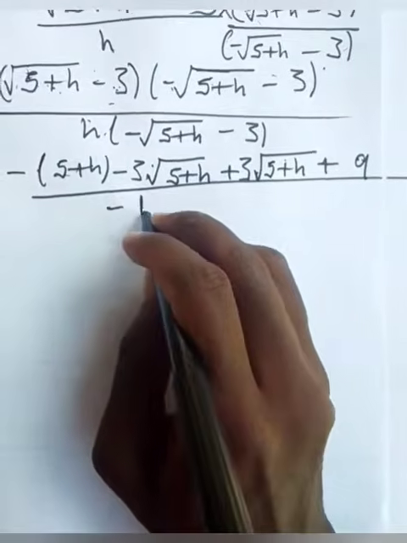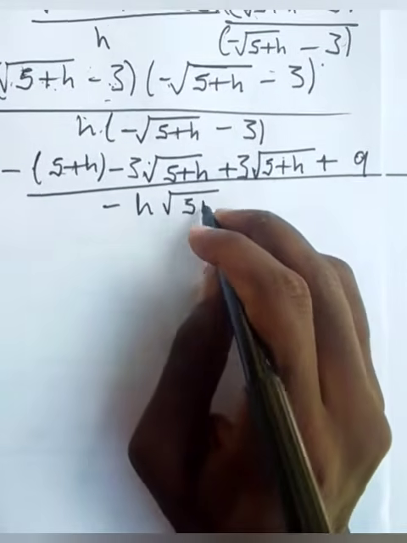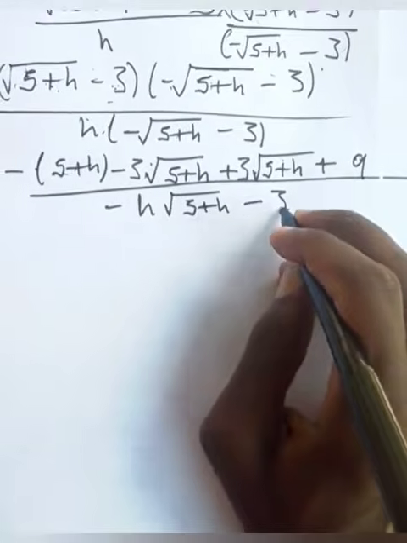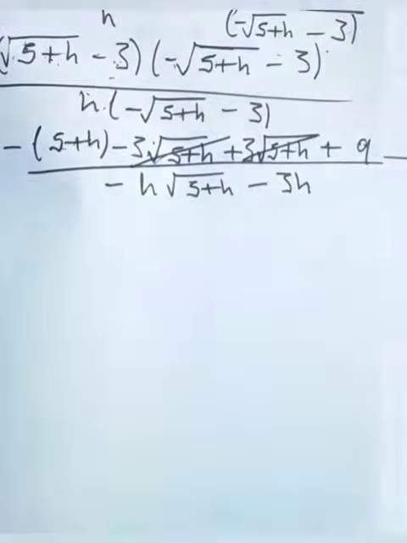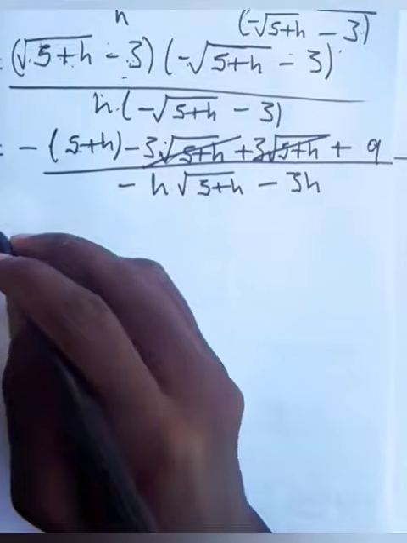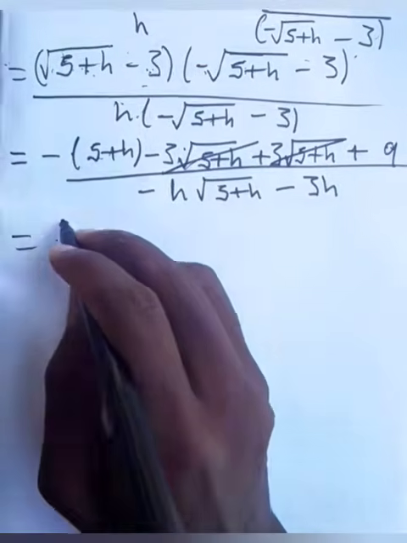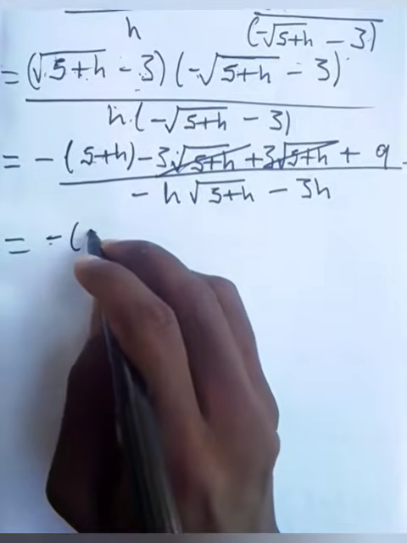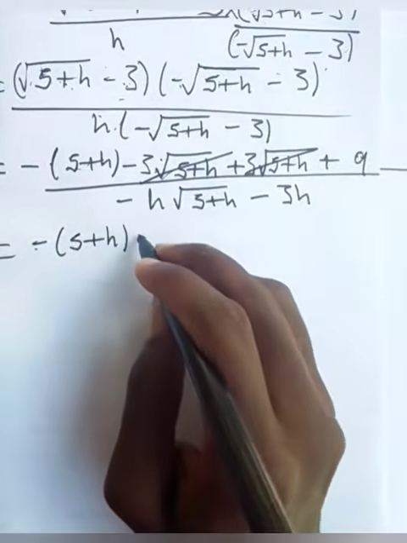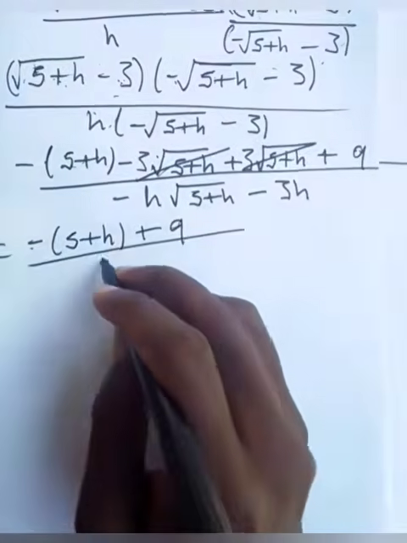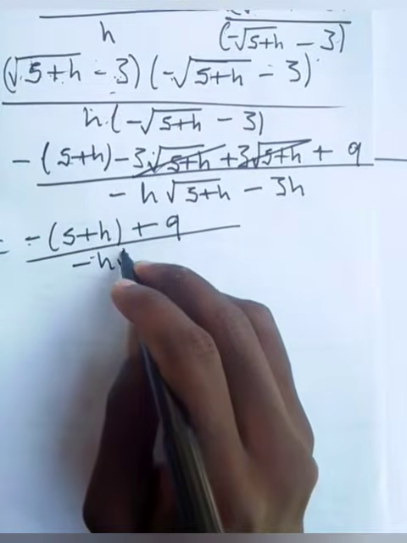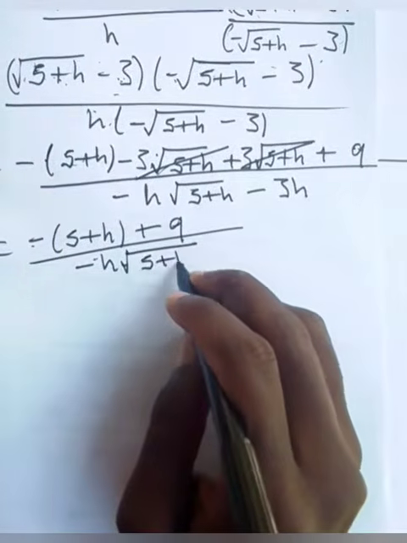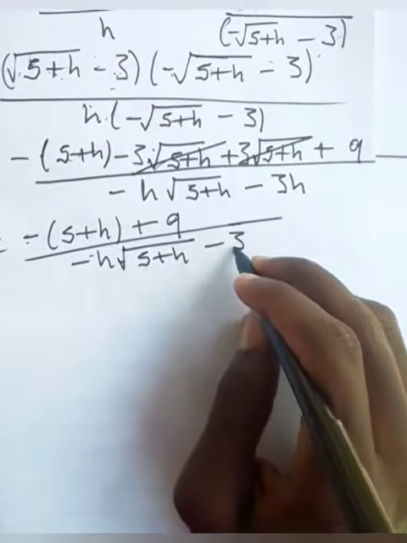Over negative h times the square root of 5 plus h minus 3h. Alright, so we cancel this and this because they have different signs and they're like terms. So we remain with negative 5 plus h plus 9 over negative h times the square root of 5 plus h minus 3h.